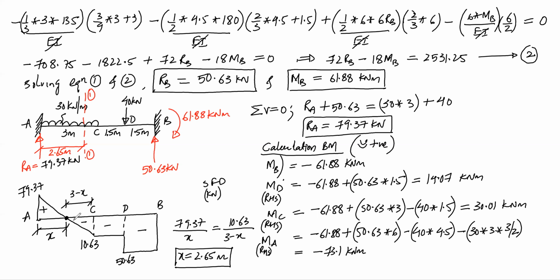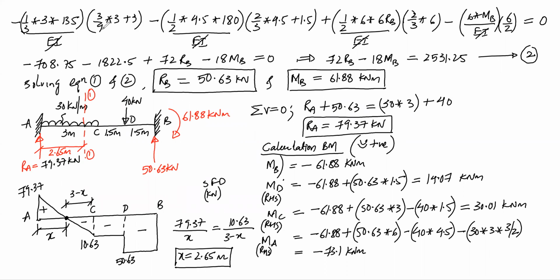Now we also have to calculate the maximum moment at section 1, which is at 2.65 meters from point A. So here, if we consider the left hand side, we have moment at A, which is minus 73.1, so that has to be marked first.